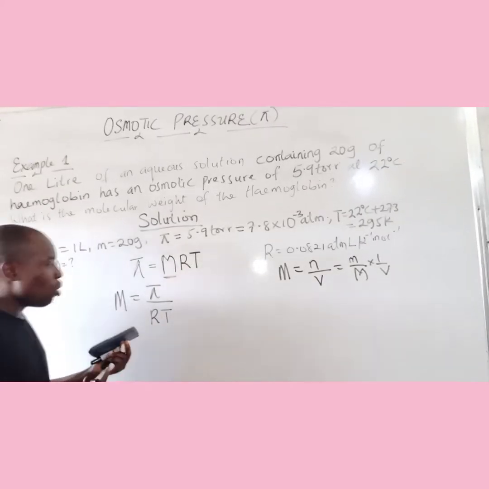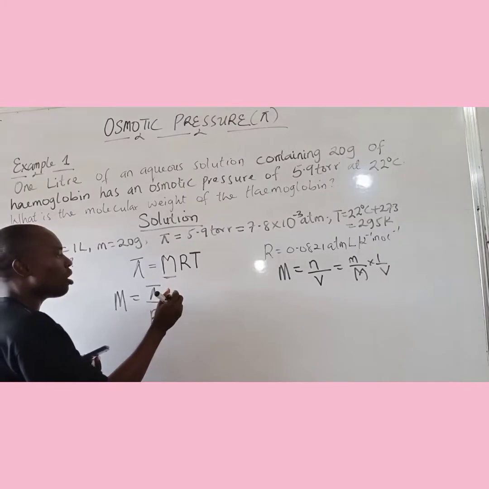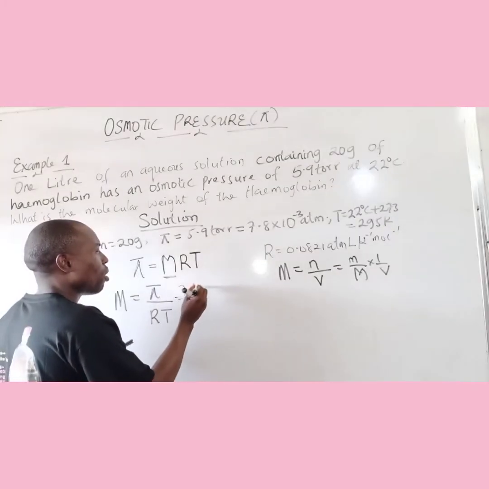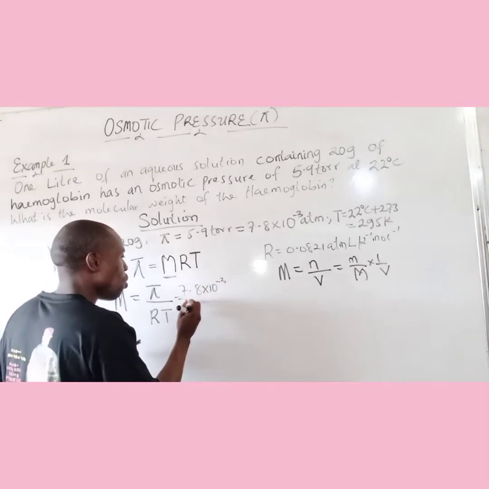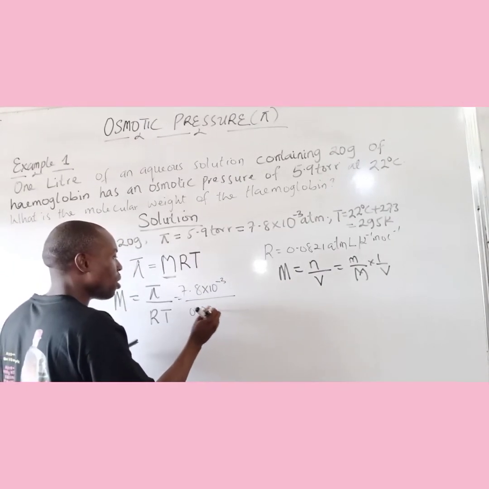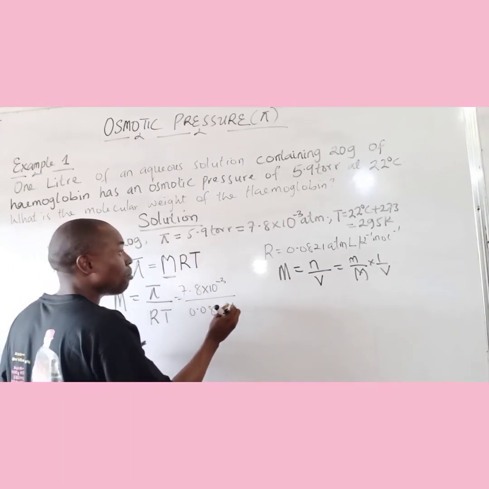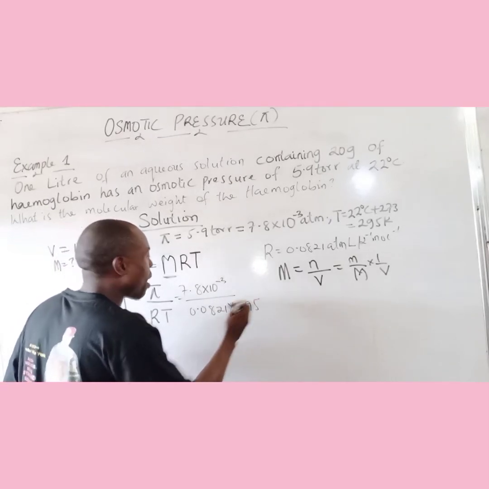So we come here, the osmotic pressure is 7.8 times 10 raised to power minus 3 over 0.0821 multiplied by 295.